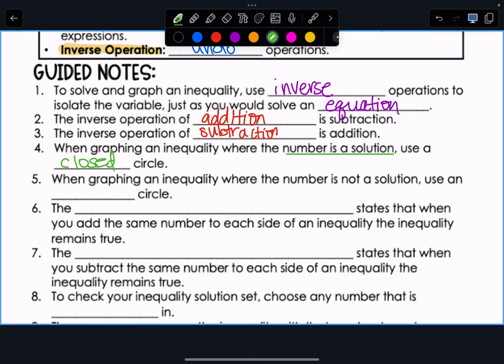And if our number is not a solution, we're going to have an open circle. Okay, you know what? We're going to skip the fill in the blanks for these.